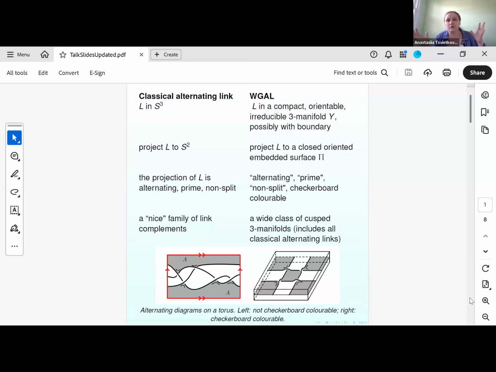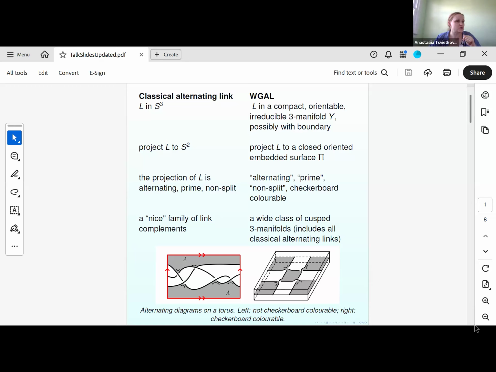And of course, this gives you a lot of options. Even in three-sphere, you can take a non-alternating link and project it on something that is not a two-sphere, get an alternating projection, and then this is a weakly generalized alternating link, even though in the classical sense, it's not alternating. And of course, links in thickened surfaces work here, links projected on handlebodies, Heegaard surfaces, and all kinds of things.